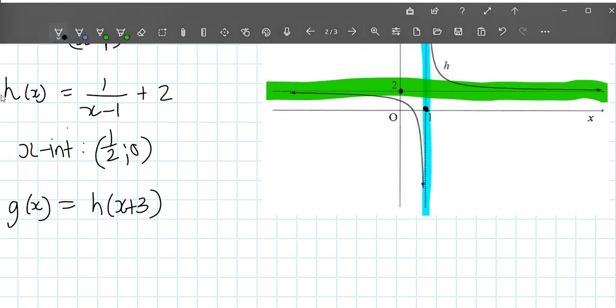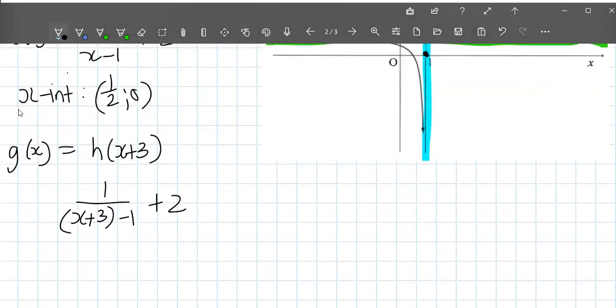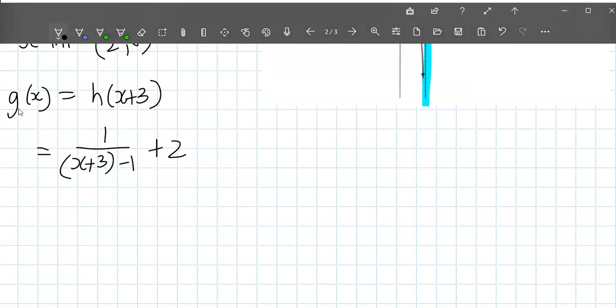So h of x plus 3 is just wherever you see an x, you now have an x plus 3. You just substitute the x plus 3 for x. Quickly solving for this, we have 1 over x plus 2, plus 2.